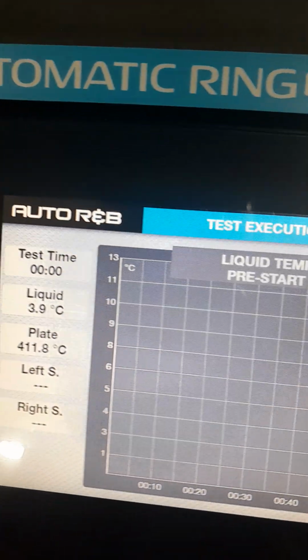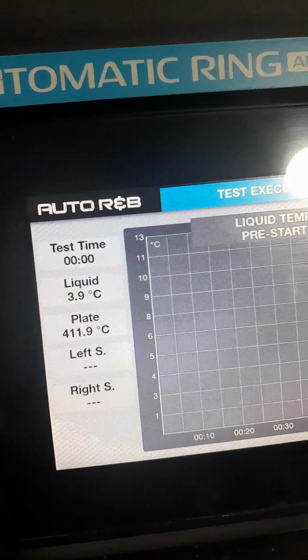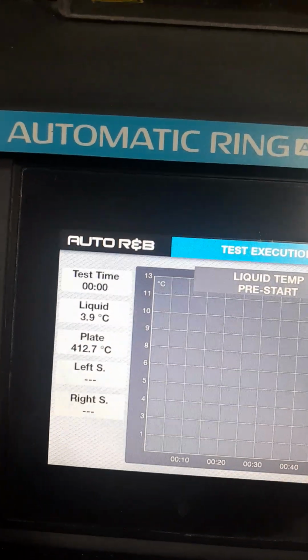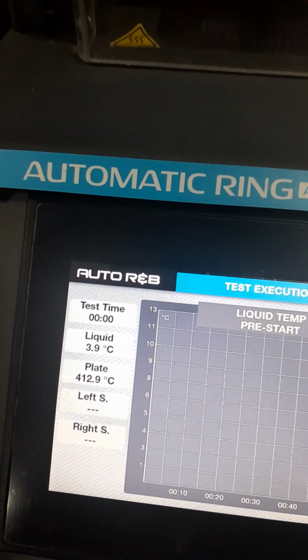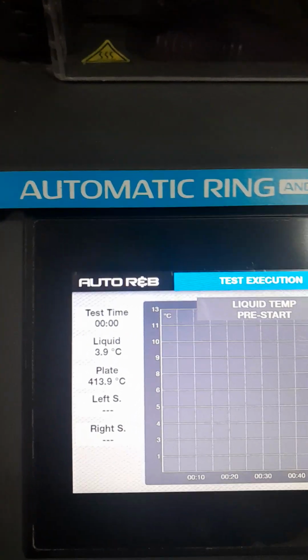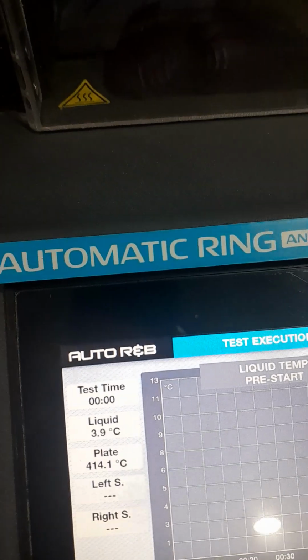Okay, we're at 3.9 degrees Celsius, and we intend to add water. Water will be added a little to change the course of the temperature to take it to 4 degrees.